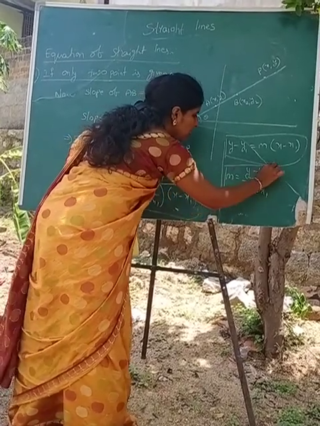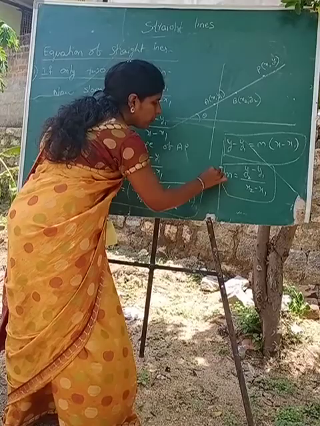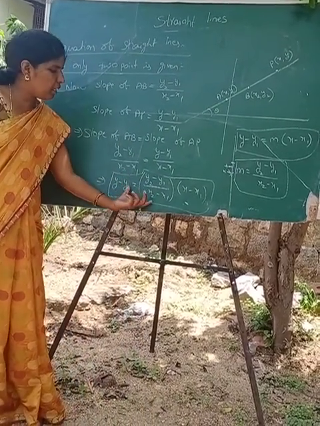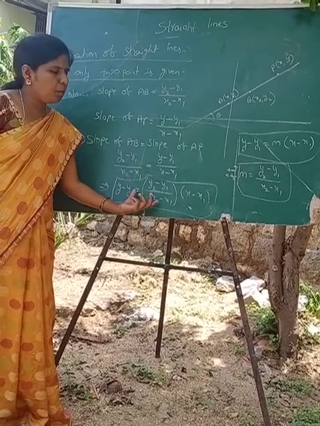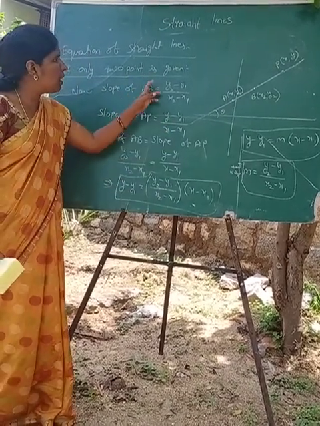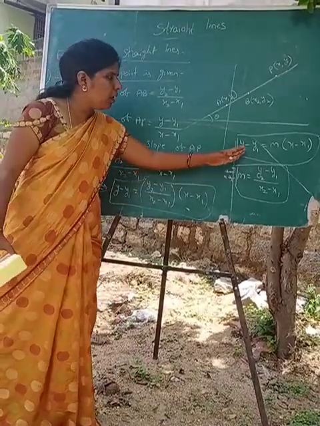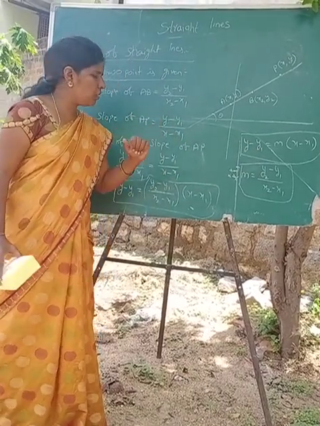That means this is the slope formula. So by taking 2 points, x1 y1 and x2 y2, we can find the equation of a straight line, and also by using 1 point and the slope.